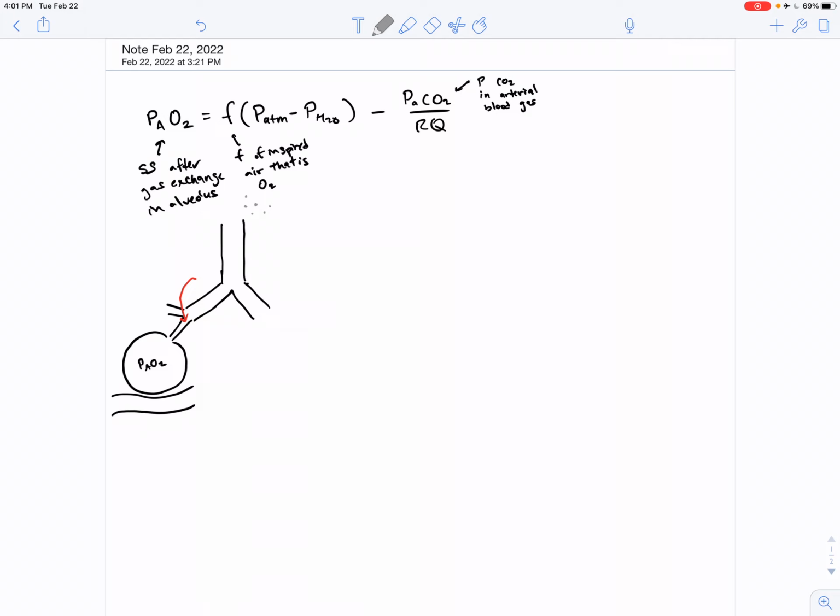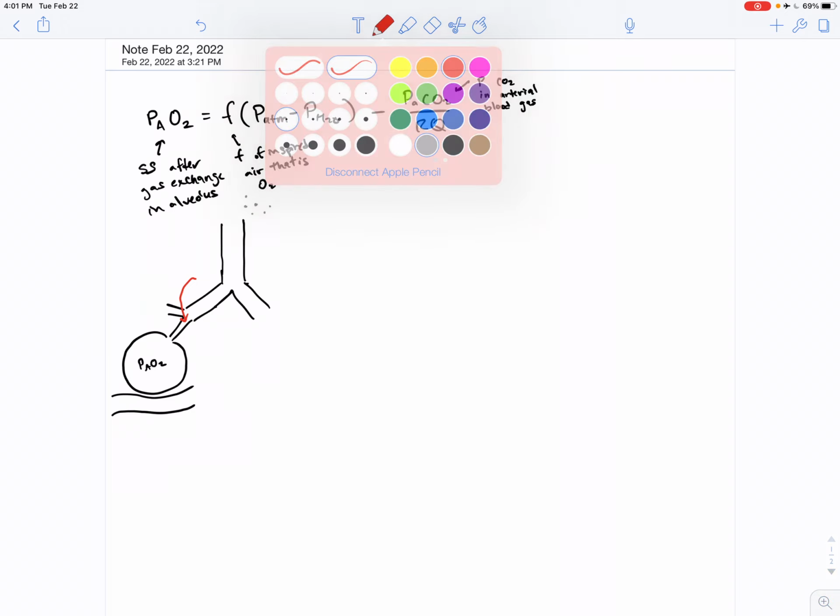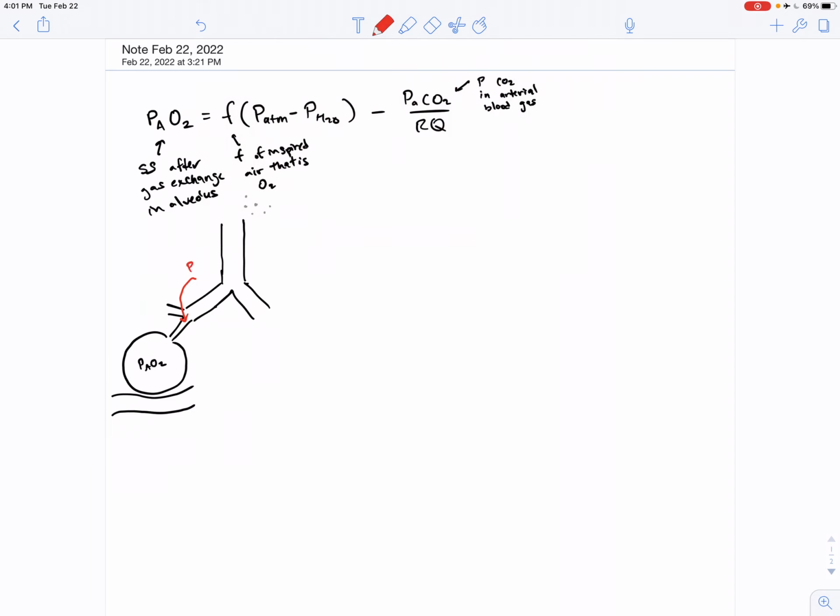The alveolus is the end part of the respiratory tract. And right before we get to the alveolus, there is going to be a partial pressure that is not influenced by gas exchange, right? Gas exchange has not yet occurred, so I'm going to call that PbO2, or bronchiolar oxygen partial pressure.